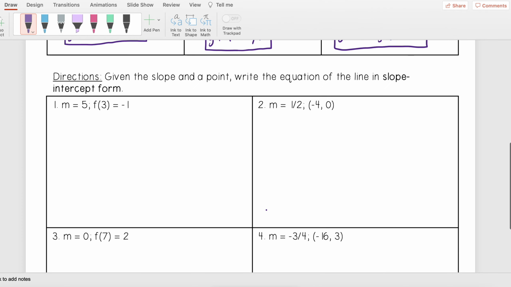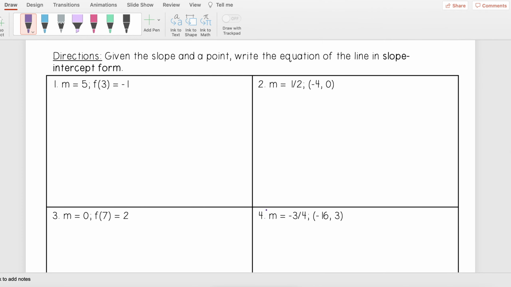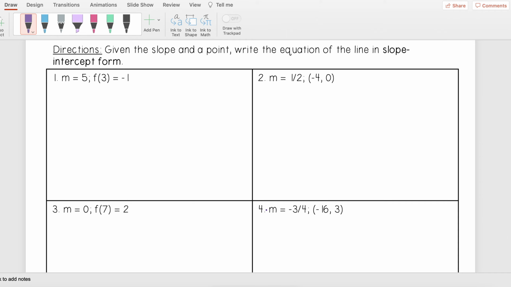So that was when we want to write it in point-slope form, but now we're going to do the same thing for the start, but this time I want you to write it in slope-intercept form. So that means we're just going to have to take our steps a little bit further. So for this first one, I have that m is equal to 5, and I have f of 3 is equal to -1. And so f of 3 equals -1, that's the same thing as the point (3, -1).